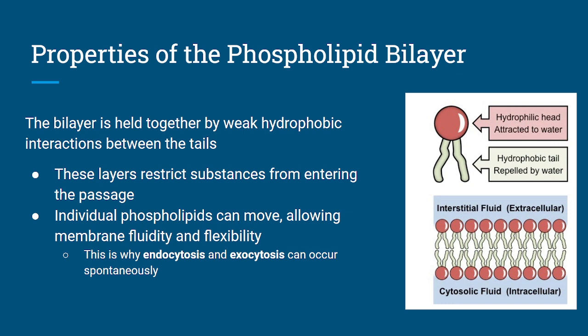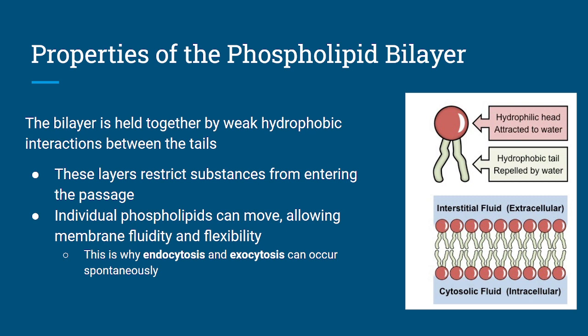The properties of the phospholipid bilayer. So the phospholipid bilayer is held together by these weak hydrophobic bonds, and these are consisting of the tails, which are facing each other in the picture below, and they create these weak hydrophobic associations with each other.